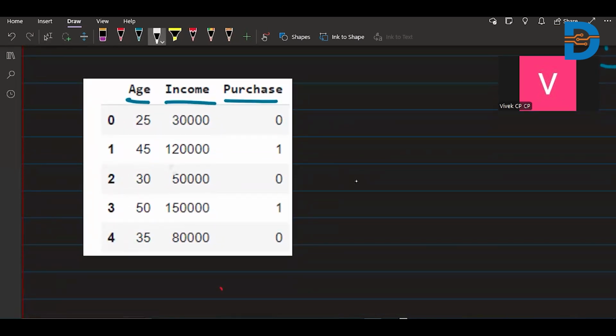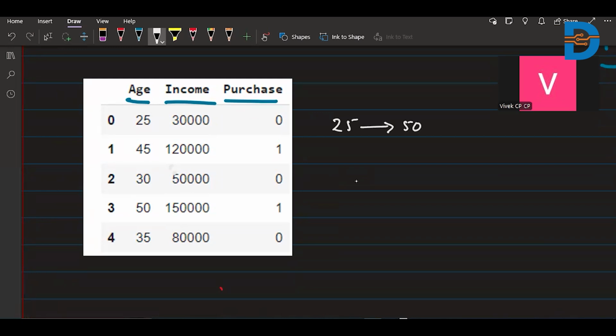Range is basically my maximum value minus my minimum value in a feature. Over here in age, my minimum age is about 25 and it goes all the way till 50.